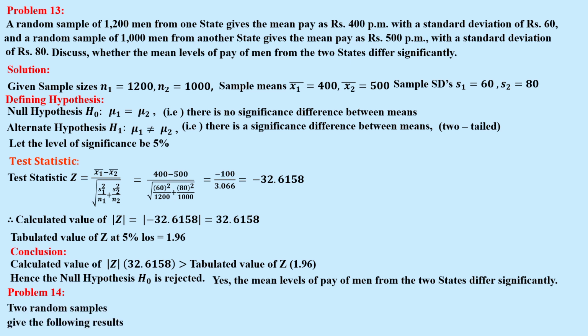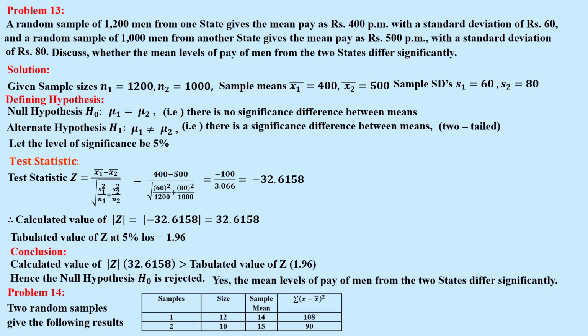Next problem. Two random samples give the following result. Sample 1 and 2 sizes they have given, n1 and n2, 12 and 10. Sample means x1 bar 14, x2 bar 15.